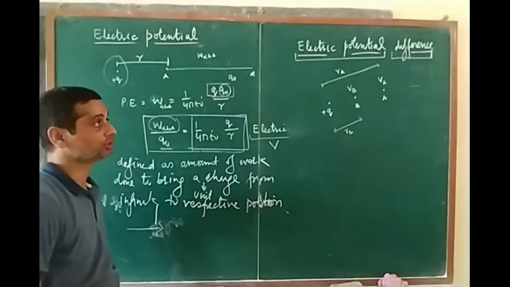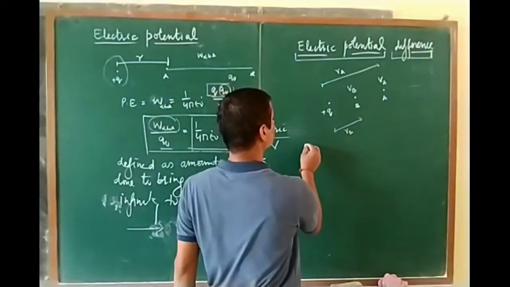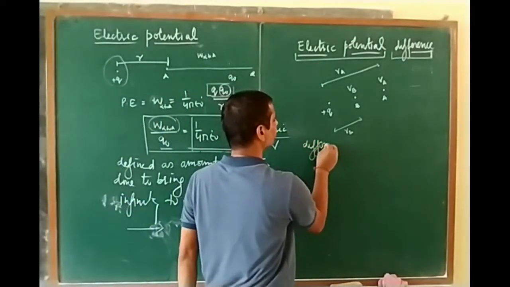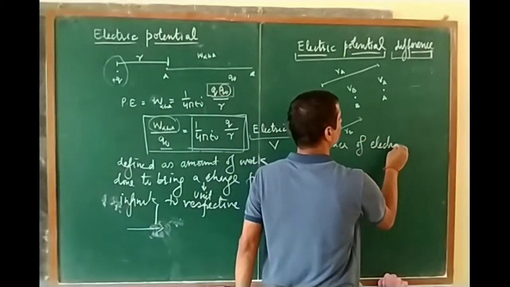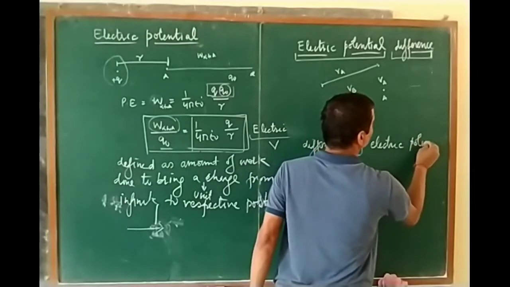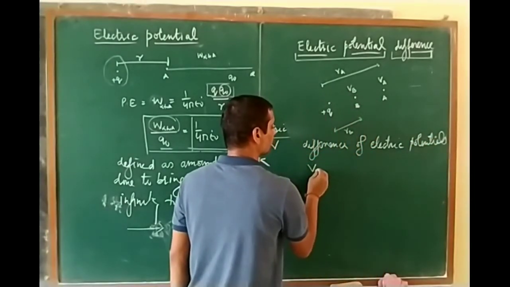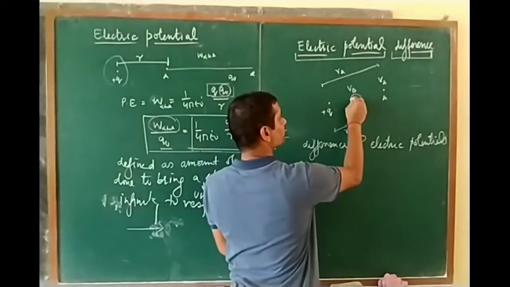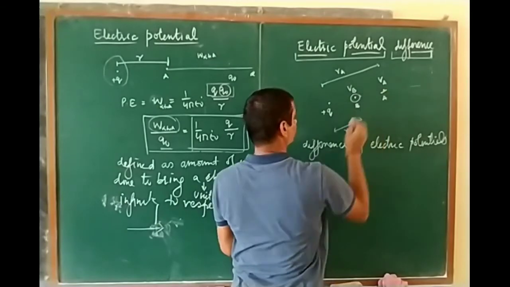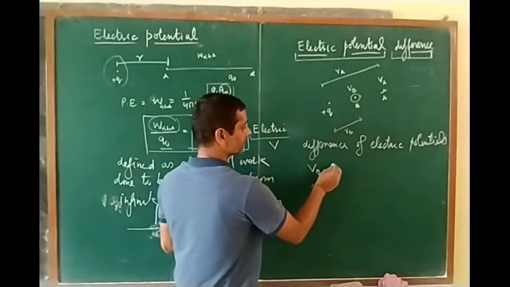Now from this diagram, the name electric potential difference is suggesting it is nothing but a difference of electric potentials. So if I want to calculate the electric potential of B with respect to A, I write it like this, VBA.